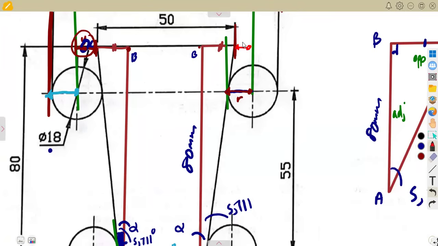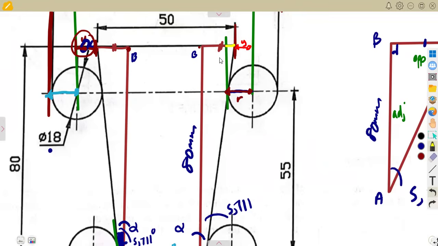So this y is a combination of two things: this distance from this point up to this point, and y. If we add this distance and y together, we obtain the radius. So the radius is the sum of this distance and y.